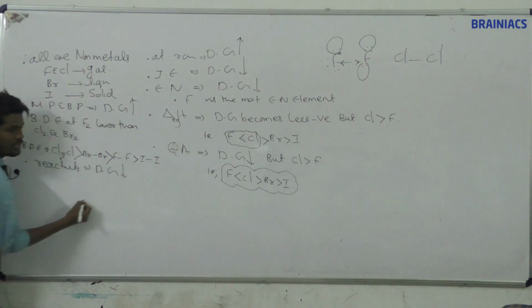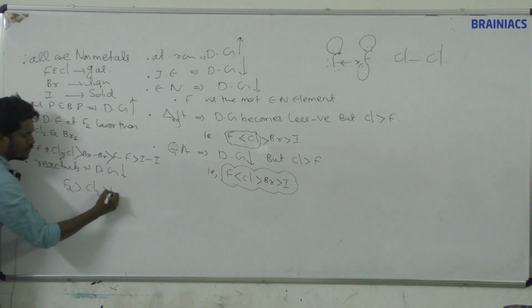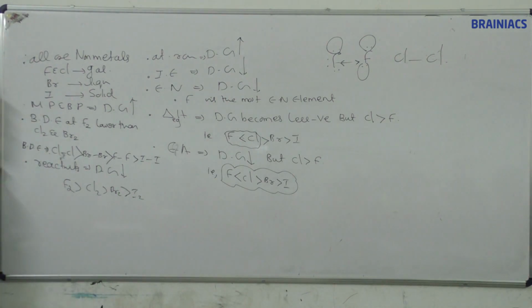Reactivity, then iodine. Their reactivity is due to what? Electronegativity. Which is more electronegative? Fluorine. So reactivity down the group decreases.